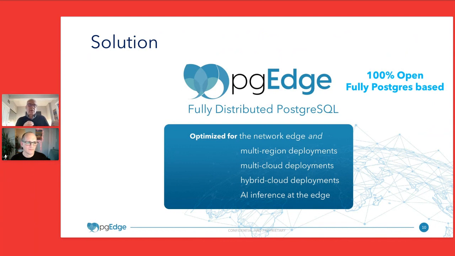So you'll see some in the market saying, well, we're Postgres compatible. Well, you need to dig in and understand exactly what that means. But with pgEdge, we're just Postgres. And our distributed capability comes in the form of an extension that uses the standard Postgres extension mechanism, which is awesome, and it's part of the reason why Postgres is so popular.